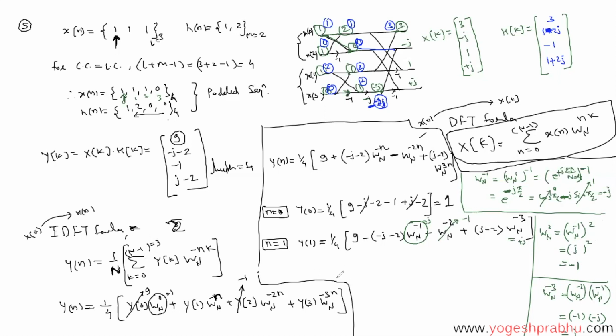Positive j. So for wn to the 2, shouldn't it be negative j squared? wn to the negative 2 is wn to the negative 1 squared. Yeah, so wn to the negative 1, isn't that a negative j? Yes. But it doesn't matter. Shouldn't it be positive 1? Nope. The square is going to take care of that.